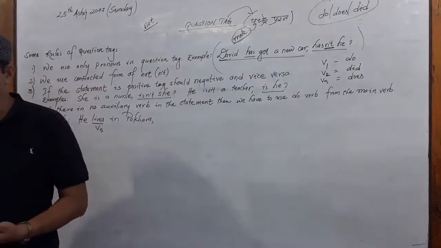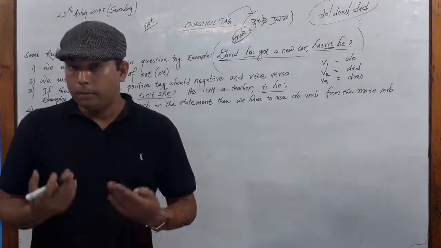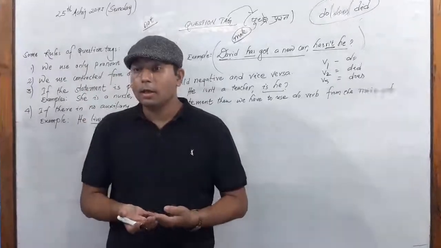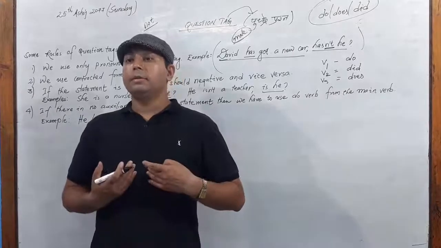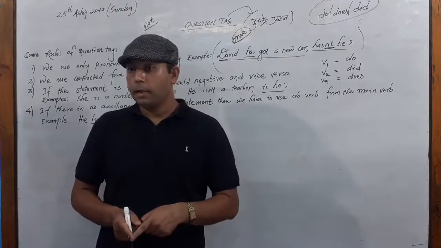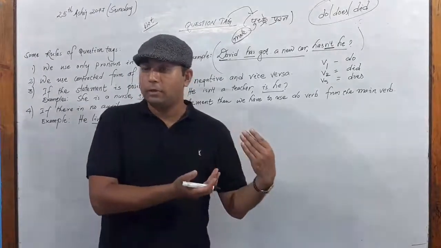Then you may ask the question, what about verb 3 and verb 4? Remember, verb 3 is always coming with an auxiliary verb. For example, I have written a poem. Written is verb 3, past participle. But before written, what is there? Have is there. So the have auxiliary verb is already there.